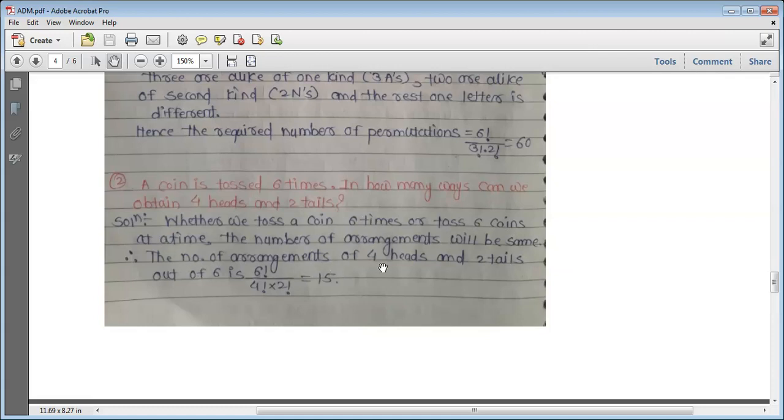The number of arrangements of 4 heads and 2 tails out of 6 is, with 4 as p and 2 as q, and n equal to 6, 6! upon 4! × 2!, which is nothing but 15.